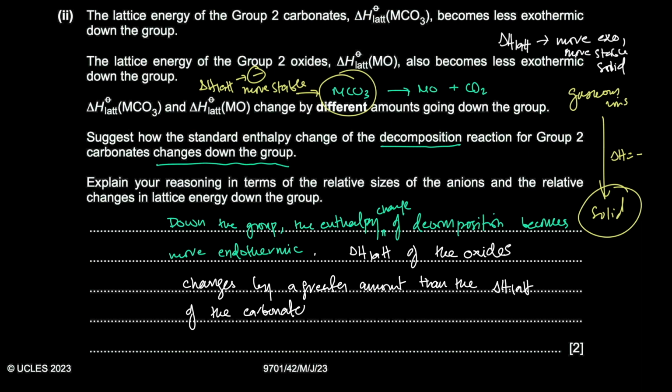And we have to explain this in terms of the relative sizes of the anions. Over here we can say that's because the oxide ion is smaller than the carbonate ion.